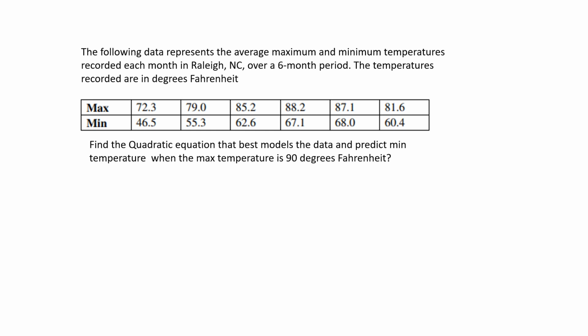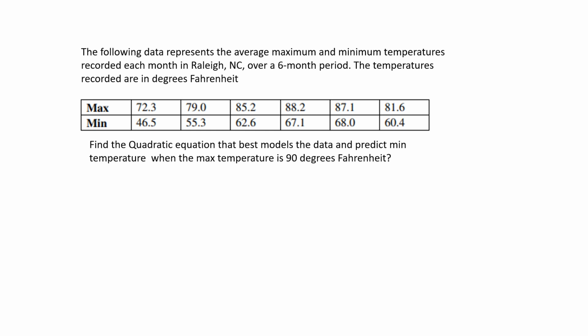You saw the example. This example we did in class several times. And I'll tell you this is quadratic. So you have to use step 5. Take what you know and answer the question. I'm trying to find the minimum temperature when the maximum temperature is 90.